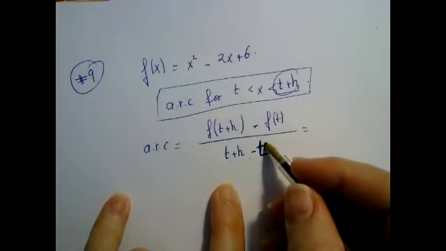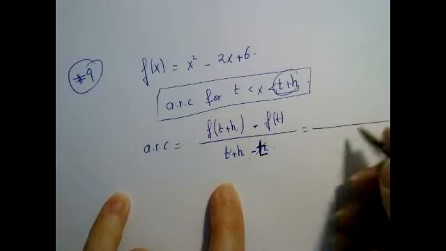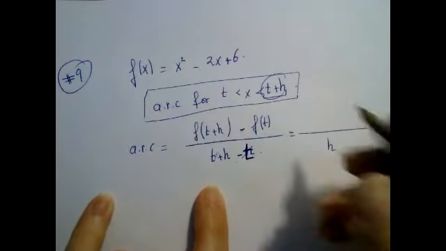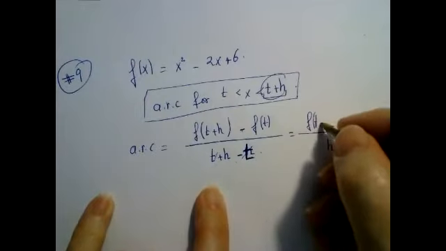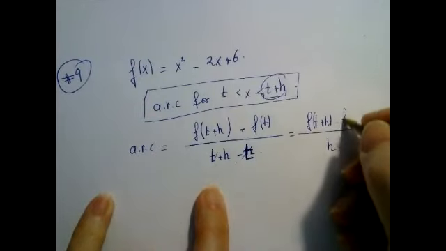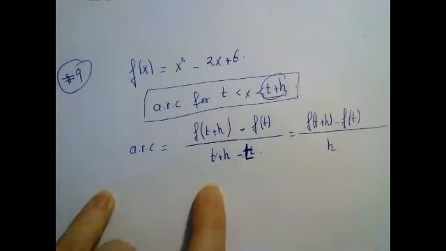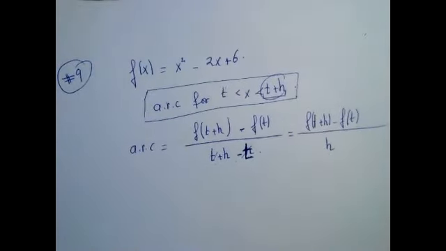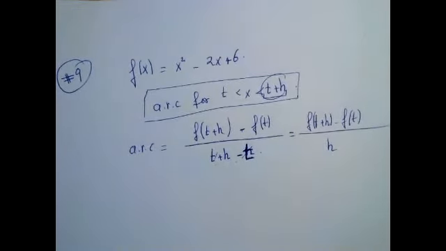Now t plus h minus t would leave me with just h in here, and this will be f of t plus h minus f of t.